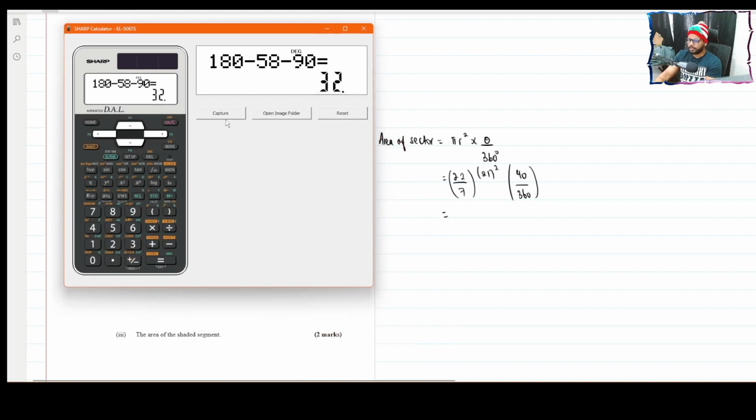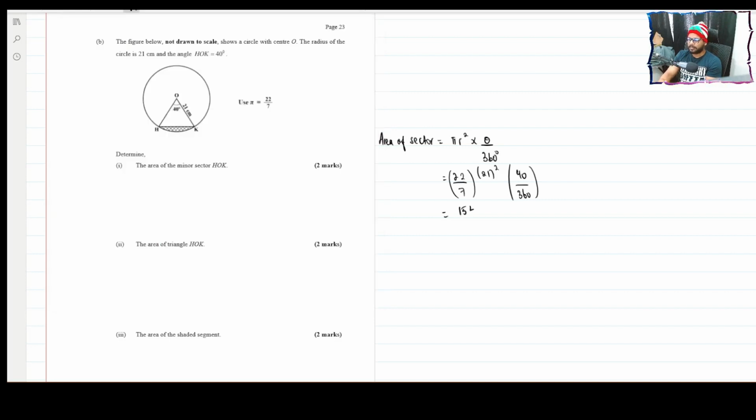On the calculator, 22 over 7 multiplied by 21 squared multiplied by 40 over 360, we get 154 exactly. Is it in centimeters? It is in centimeters squared.